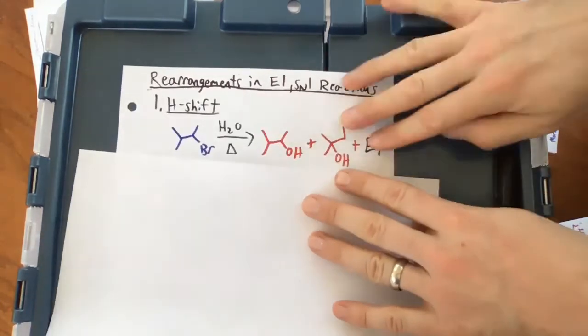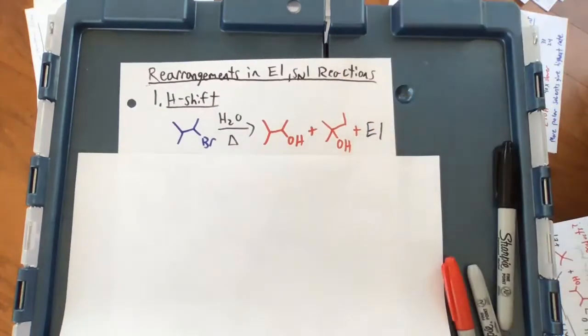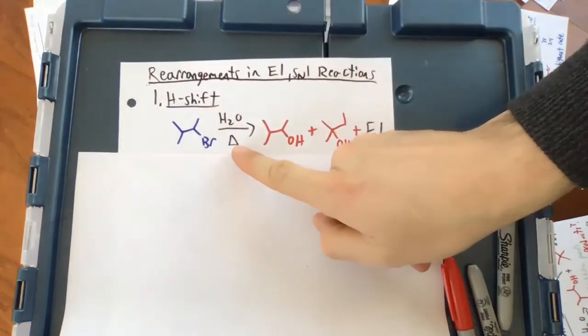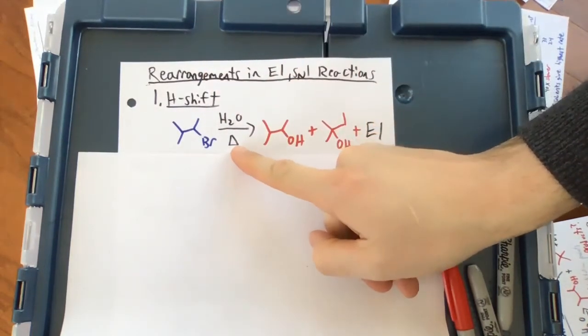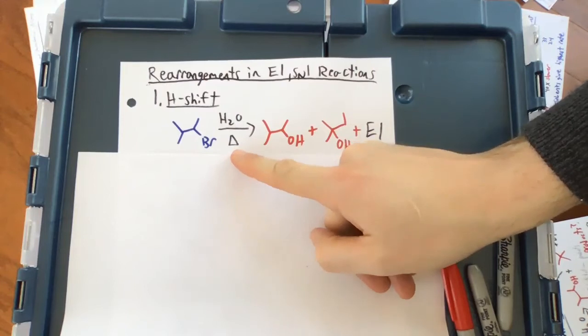So let's take this reaction. This blue alkyl halide, if you react it in water with heat, the Greek symbol capital delta, means heat generally in organic chemistry.